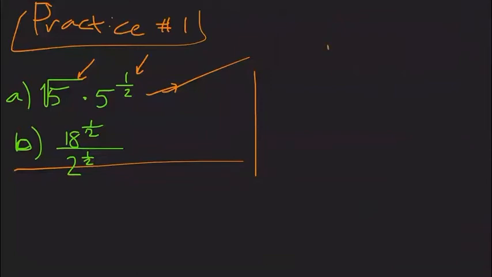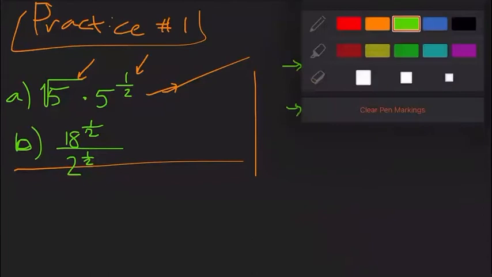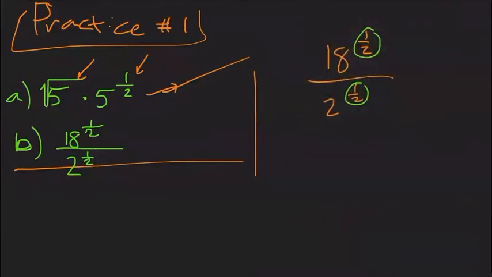Now letter B, 18 to the 1/2 over 2 to the 1/2. Here we notice they both have the same exponent. This one, they don't have the same base. So we can't do that quotient property where you subtract the exponents. But this one, we can do the one we've been talking about. We can take out the exponent because it's the same.